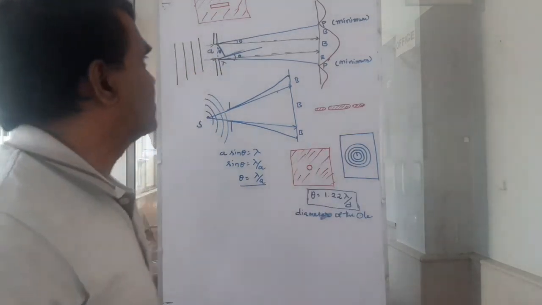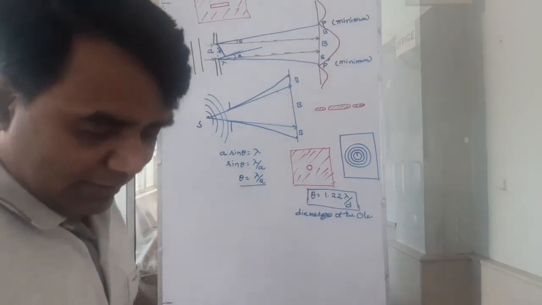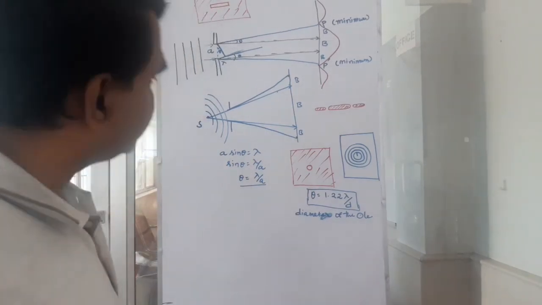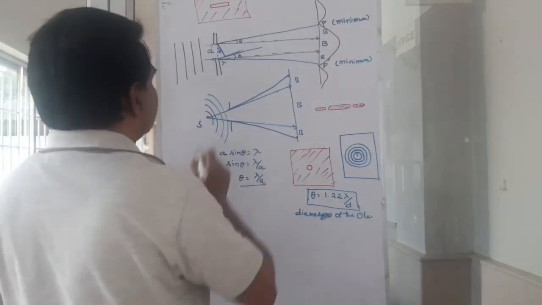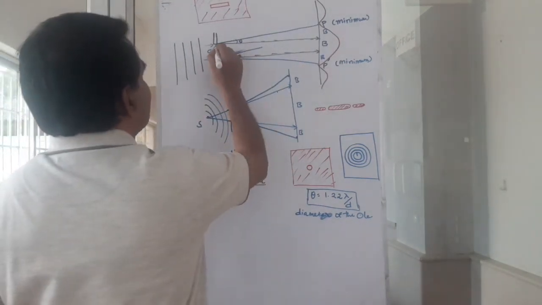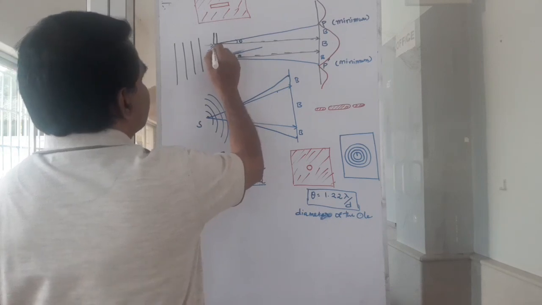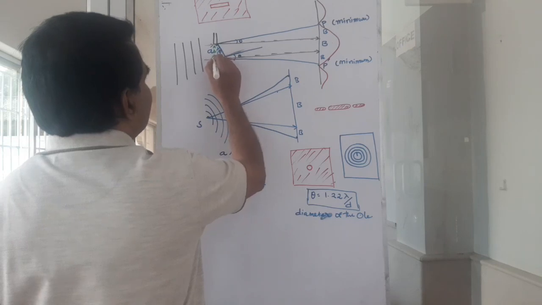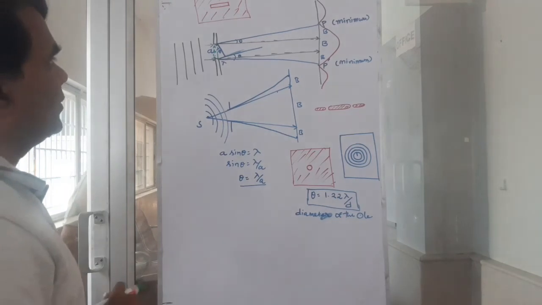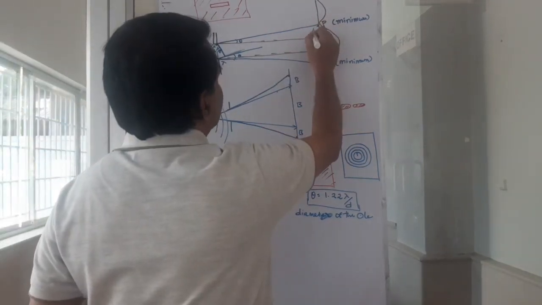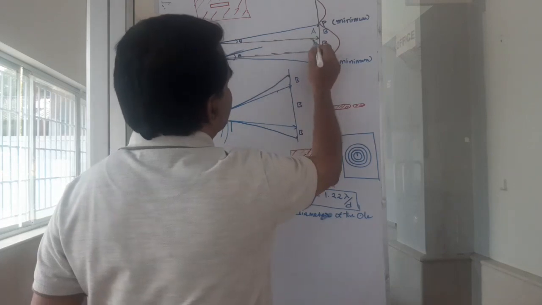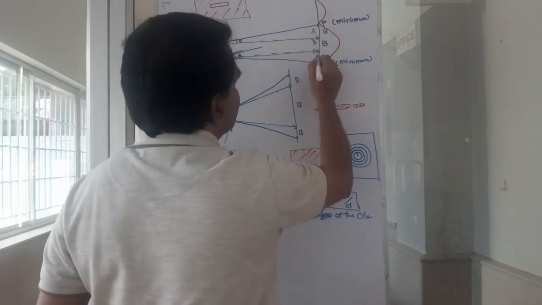So what happens is, suppose, follow me closely. Here, let's suppose I have this one. I call this point A, and then I call this point B, this point C, and this point D. Meaning that I will have point A here, and then B somewhere here, and then C here, and then D here.